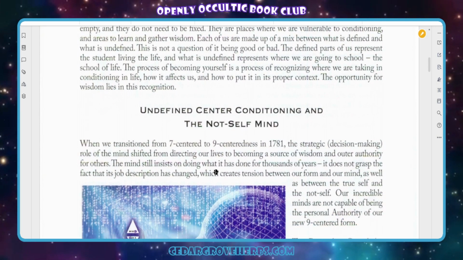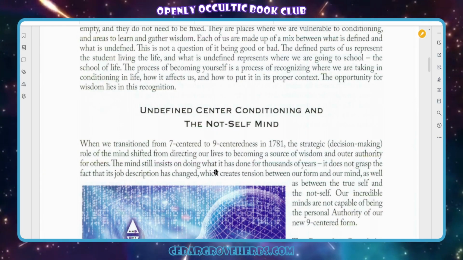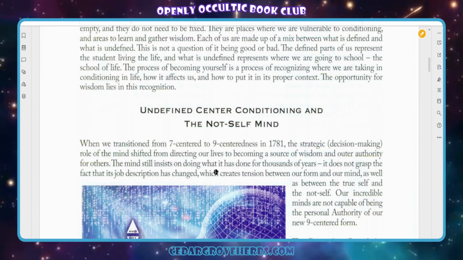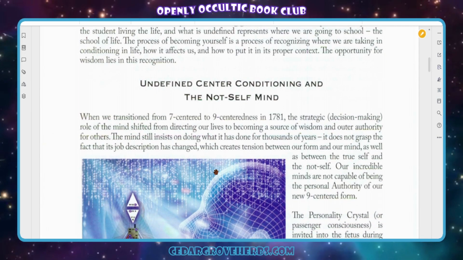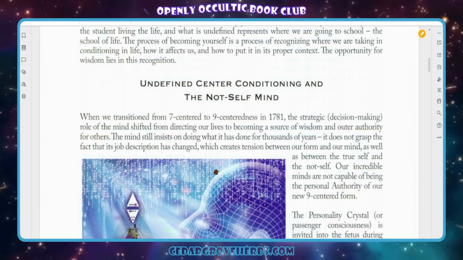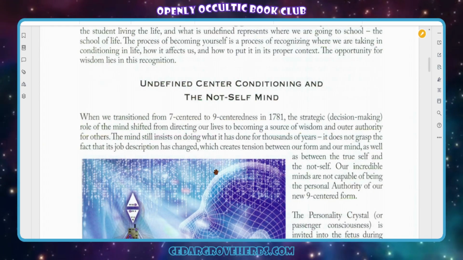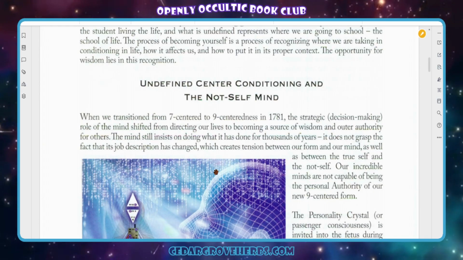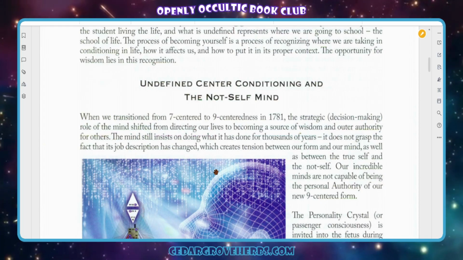So now we're here to discuss undefined center conditioning and the not-self mind. When we transitioned from seven centeredness to nine centeredness in 1781, the strategic decision making role of the mind shifted from directing our lives to becoming a source of wisdom and outer authority for others.